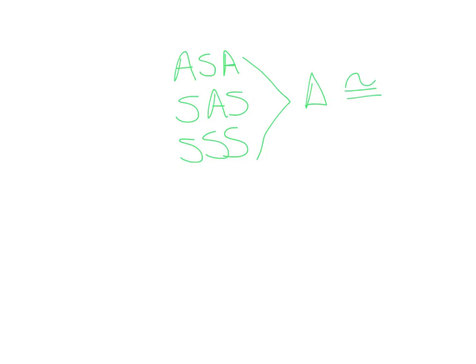And then you have side, angle, side, where you have the angle in between two known sides. And then side, side, side. And if you can get any three of these patterns in two triangles, then you can prove triangle congruency. Okay? All right, I'll see you guys tomorrow.